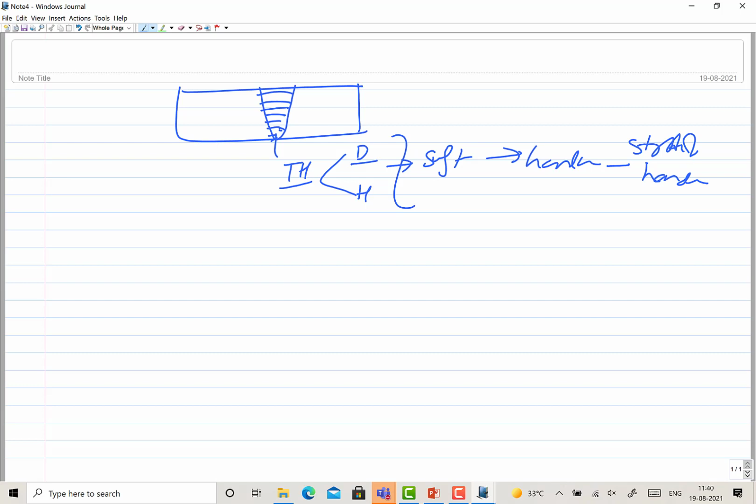So how can you verify? You just plot the hardness distribution at any location in the weld joint. Say these are the dots where you are taking the hardness distribution, and you see that the hardness distribution is constant, but as soon as you come across the weld, there is an increase in hardness, then again it comes down like this.